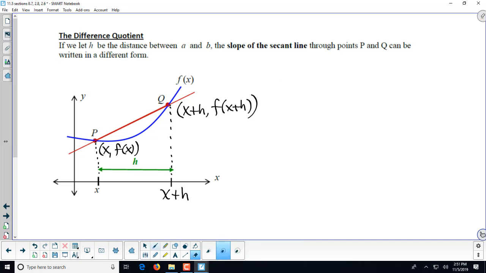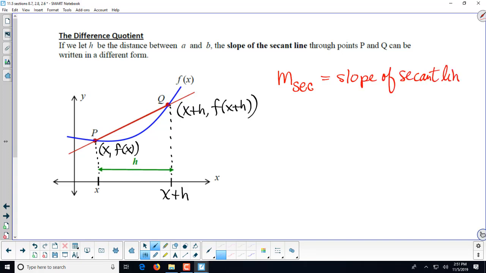Well, what letter do we use to represent slope? M. And then we use a little subscript like this, m secant, slope of the secant line. Just for fun if you want to see it. Okay, so the slope of the secant line then can be found, or basically I can calculate the slope of this secant line, which will give me the average rate of change of this function on this interval x to x plus h.